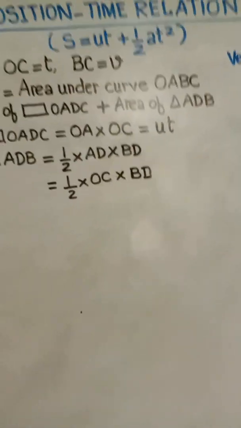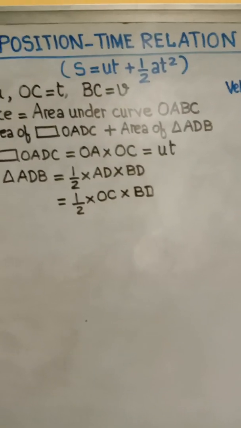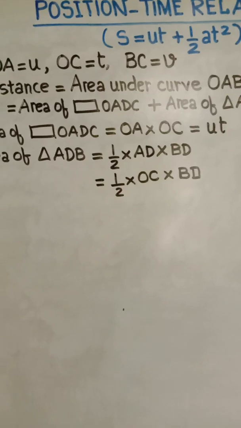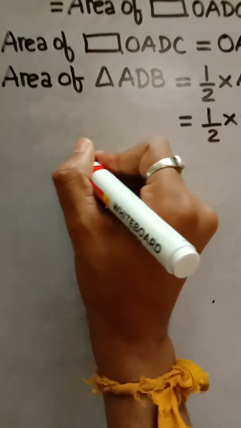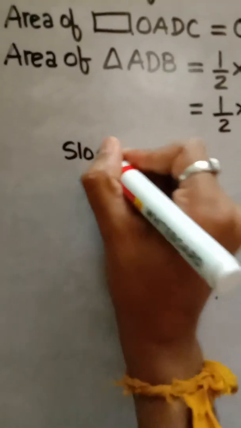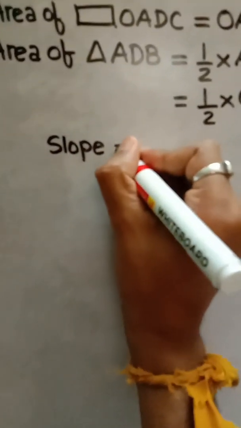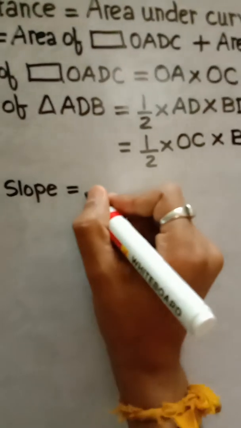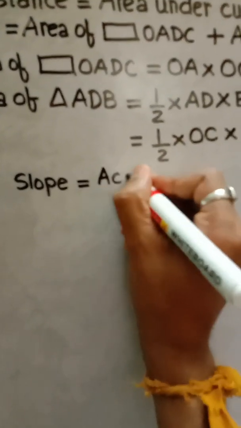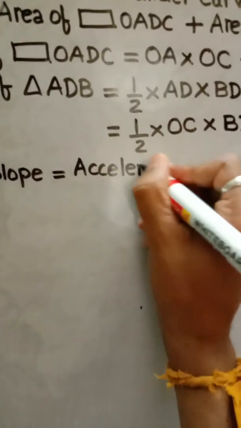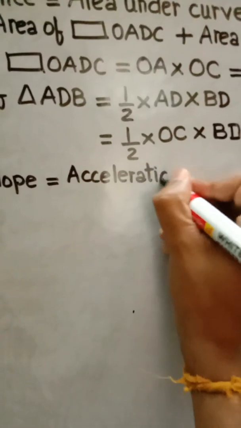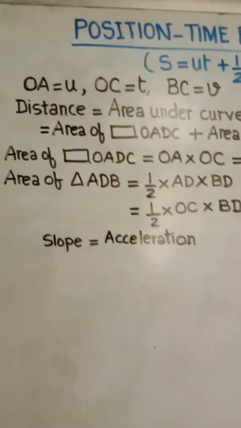Now, how will you get the BD value? BD can be obtained by using the slope. As we know, the slope of a velocity time graph is equal to acceleration.